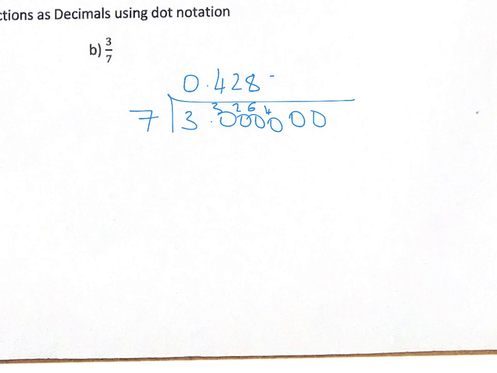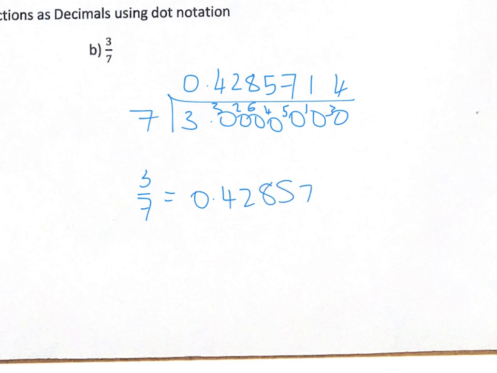Into 40 it goes 5, remainder 5. Into 50, 7, remainder 1. Into 10 once, remainder 3. And then we're back to the repetition. So 3 over 7 is equal to 0.428571, dot above the 1 and a dot above the 4.